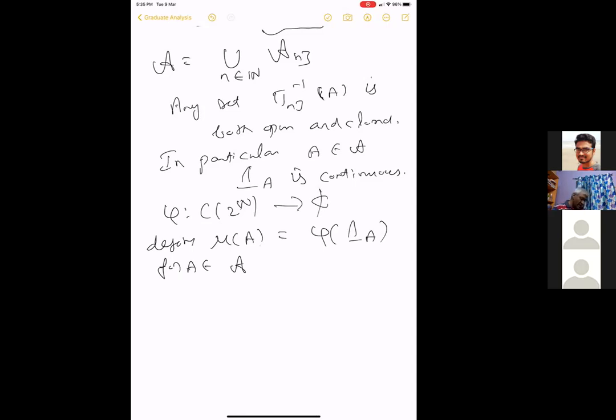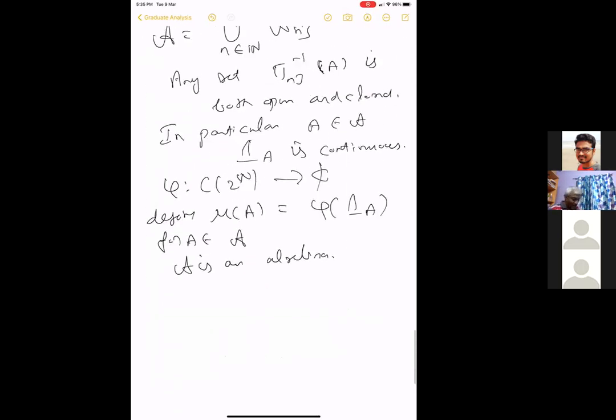Notice that this A is an algebra. If you have A, then its complement will also be of this form, and it is an increasing union. If you have two sets, you can go to a bigger set and take the union. So it is an algebra. So you have defined a measure on this algebra, and mu is finitely additive since phi is linear.